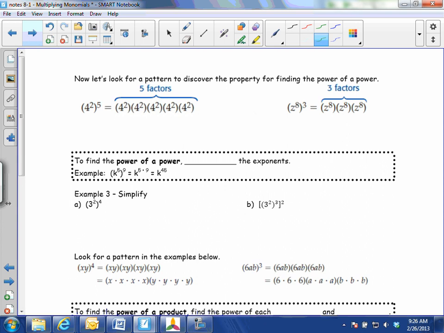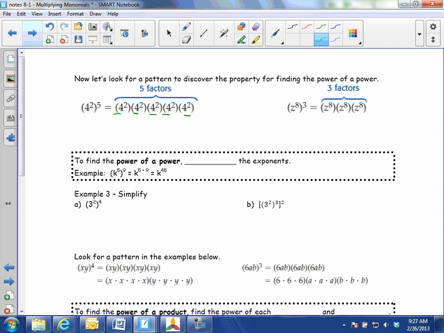Alright, let's go back. So now let's look for and discover the property for finding the power of a power. So notice we have something in parentheses, and that has an exponent, to a power on the outside. So in this case, we said, well, if I have a 5, it means I have it 5 times itself, so 1, 2, 3, 4, 5 times.